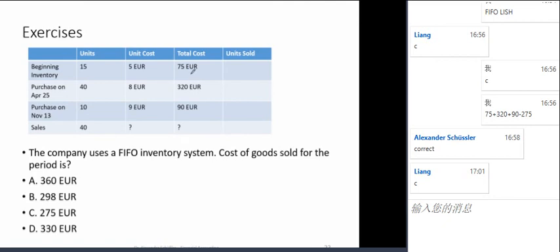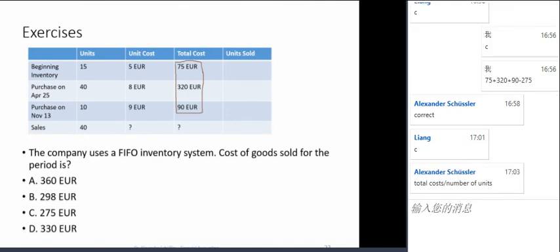First of all, we have to calculate what is the average cost, and therefore we take the total costs and divide it by the number of units. So total costs divided by the number of units.